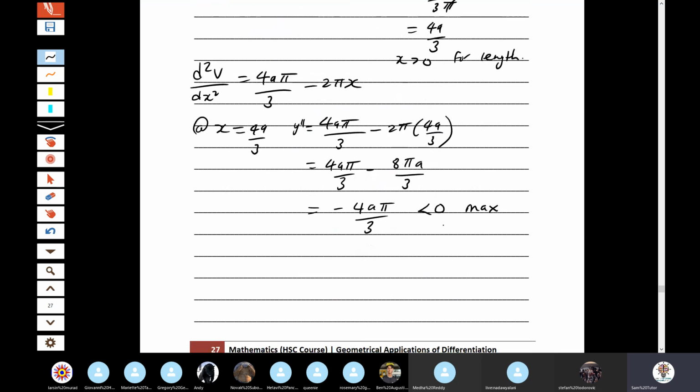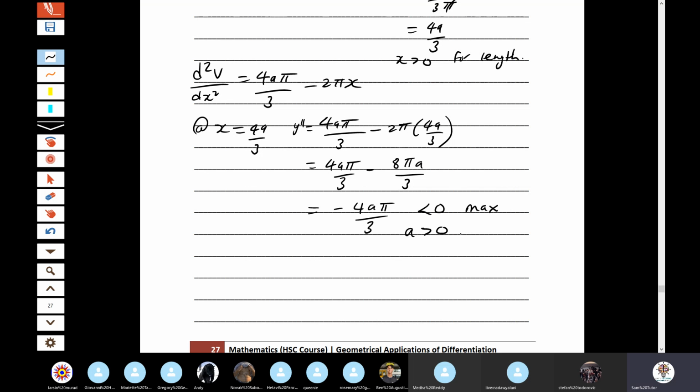What if A was negative? It would be a minimum. If A was negative, you would have concluded this is greater than 0. It's a minimum now. That's what you have to say. You have to say A is greater than 0.